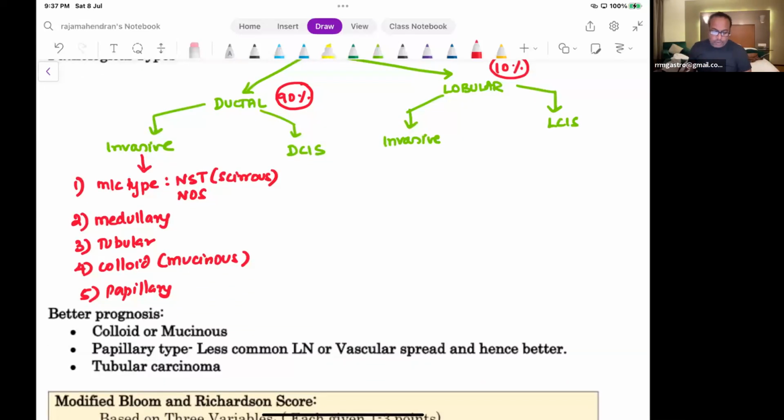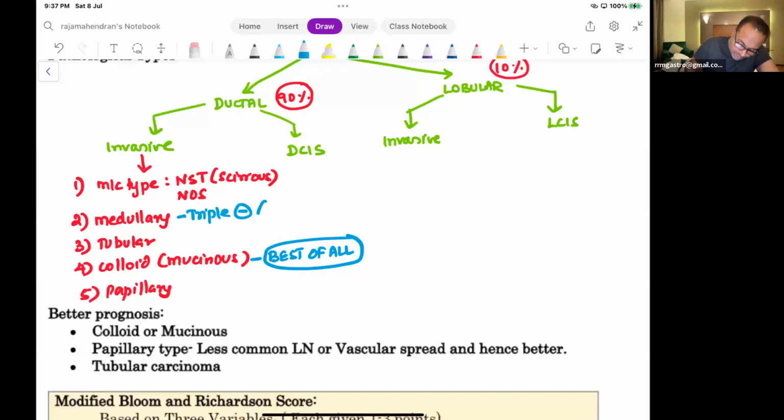Which is the best prognosis among these 5? In ductal cancer, which is the best prognosis? Best of all is colloid. Worst prognosis is triple negative. Medullary cancer is triple negative, so it is worst of all.